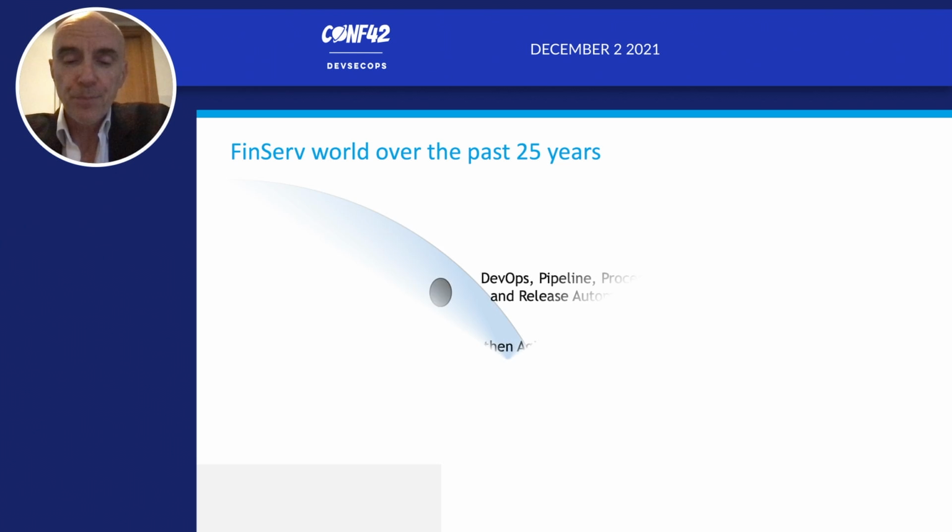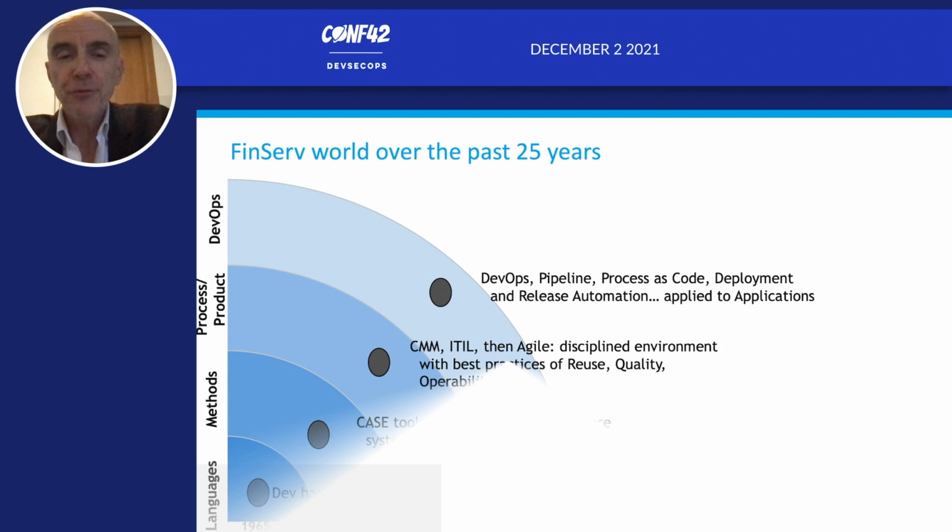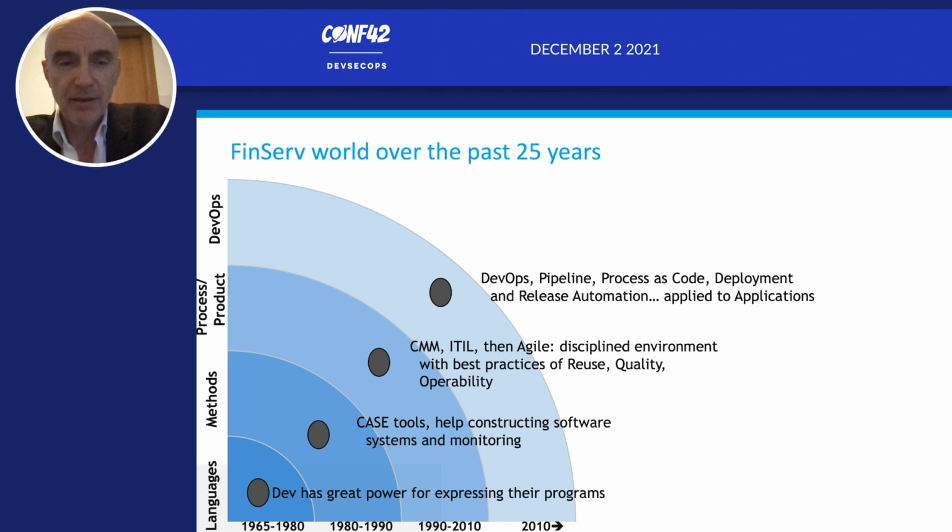If we look back over the past years, we've had several waves: languages, methods, processes or products, and then now DevOps. Each of these waves has been characterized by some capabilities, in the first case oriented on languages and tools for constructing software systems and monitoring.